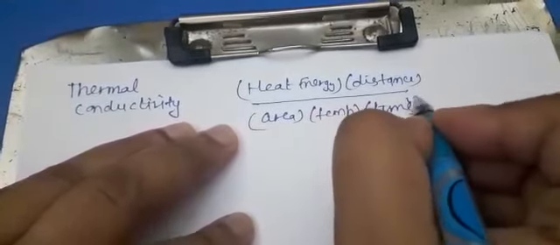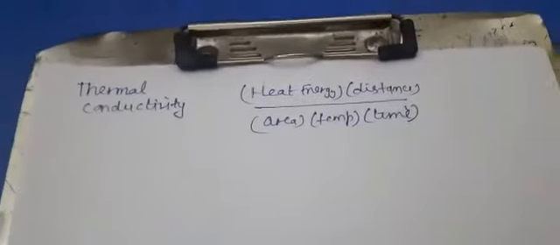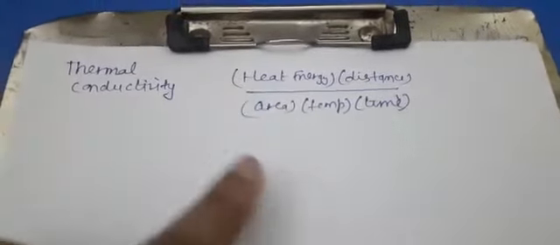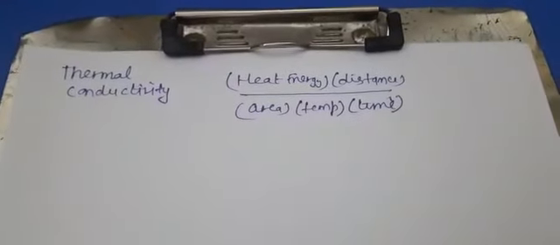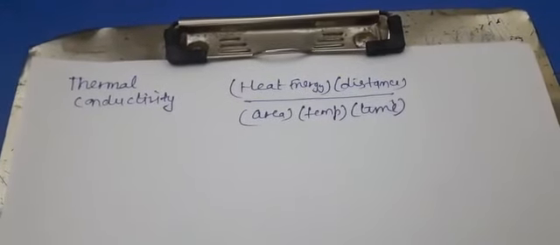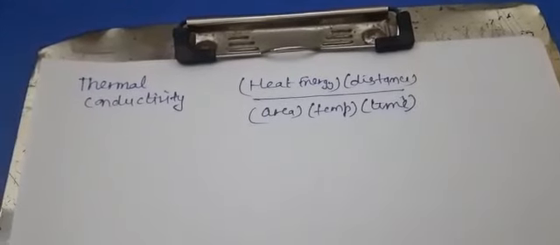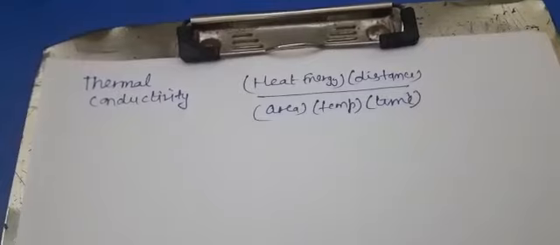Actually, the concept you will understand when you study it, but here you only require the formula. Now you can see heat energy, distance, area, temperature, time. Here temperature, a new basic quantity, is introduced. Up to now, the majority of the quantities depend only on mass, length and time. But here temperature has been introduced, one of the 7 basic or fundamental quantities.